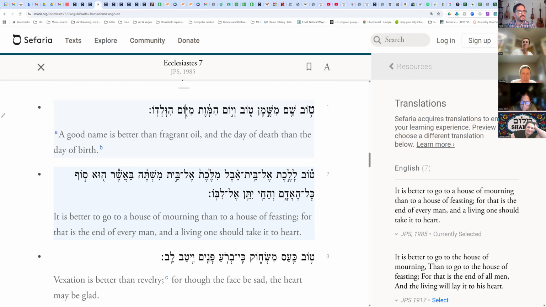Let's see if I can do this with letters. There's a way to do this. Oh, notice it's Tov, Shem, Mishemen, Tov.